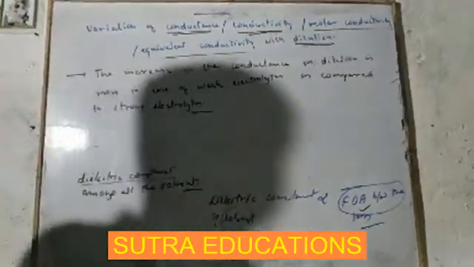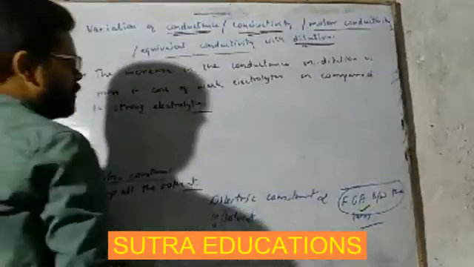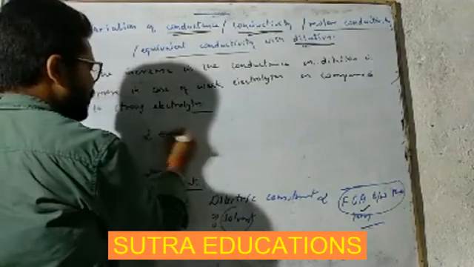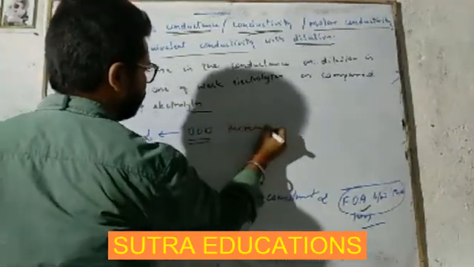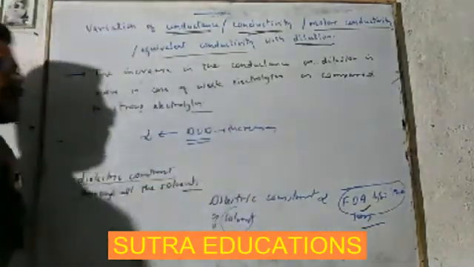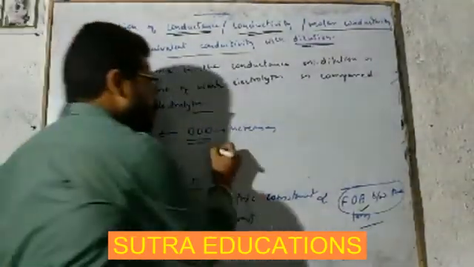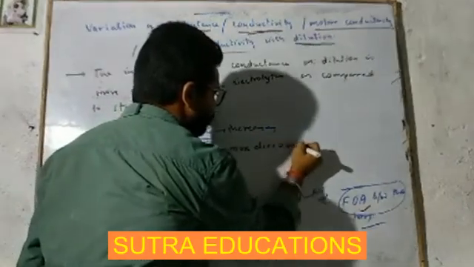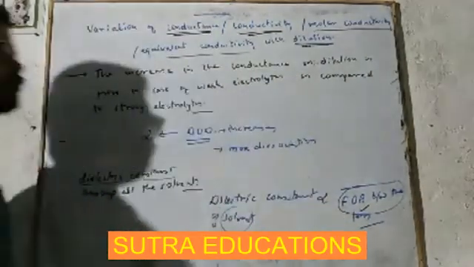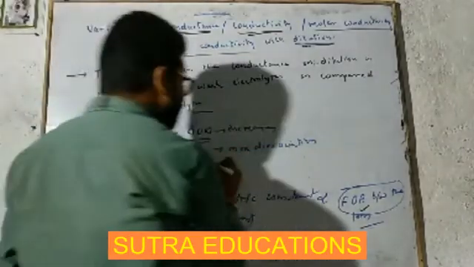Getting the reason? In the case of weak electrolytes, what happens? The degree of dissociation alpha increases. Alpha increases means what? Means more dissociation takes place. And if more dissociation takes place, then more ions will be present.